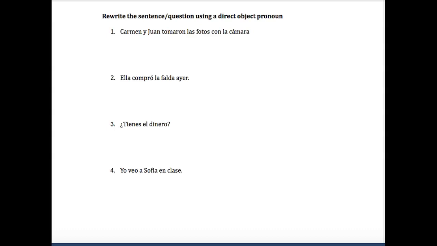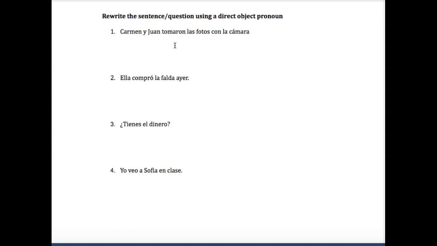So Carmen y Juan tomaron las fotos con la cámara. So I see that Carmen and Juan took photos with the camera. So I look at my verb, took. I say took what? Took who? And there's my direct object, las fotos. So when I want to replace it and say Carmen and Juan took them with the camera, I'm going to use the pronoun them.